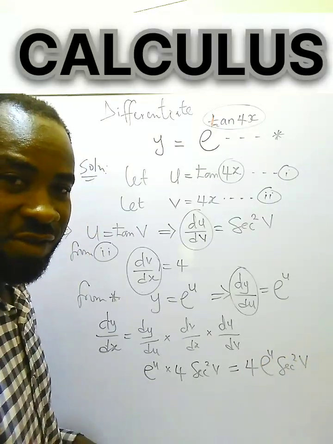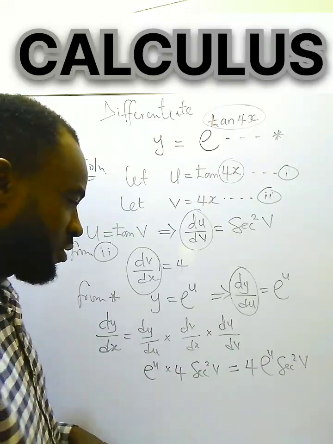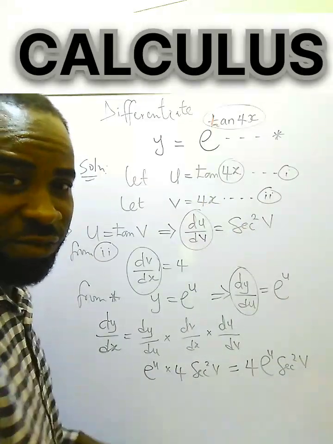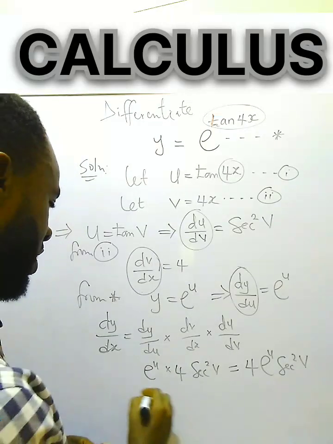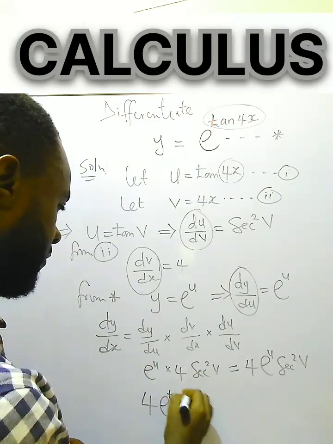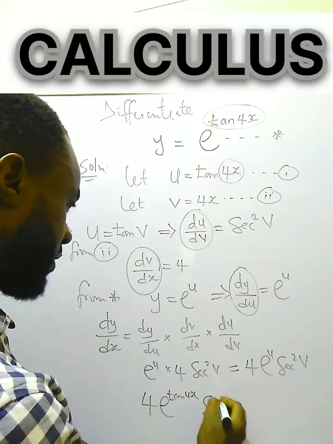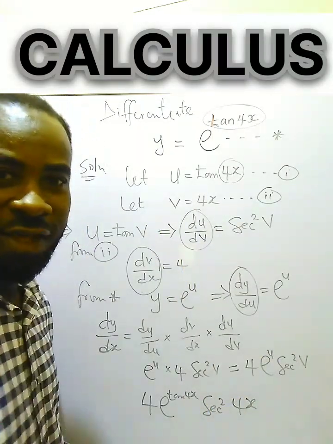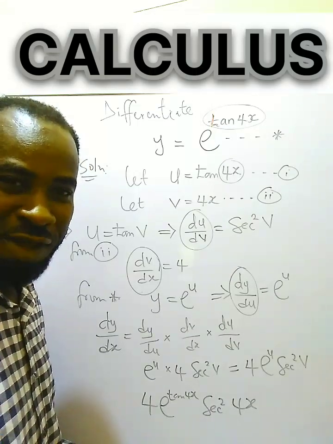Can you see that? Okay, all I have to do now is to substitute my value for u and my value for v. So we're having 4e^(tan 4x) sec square v. What's my v? 4x. And this is our solution.